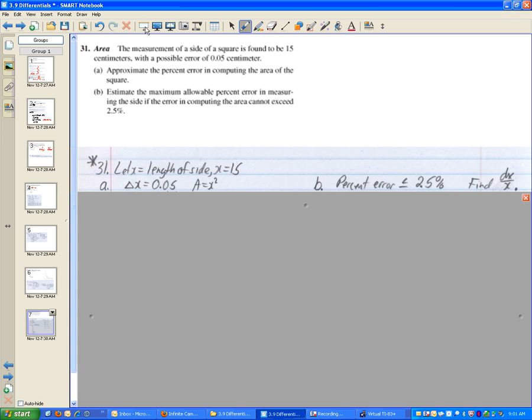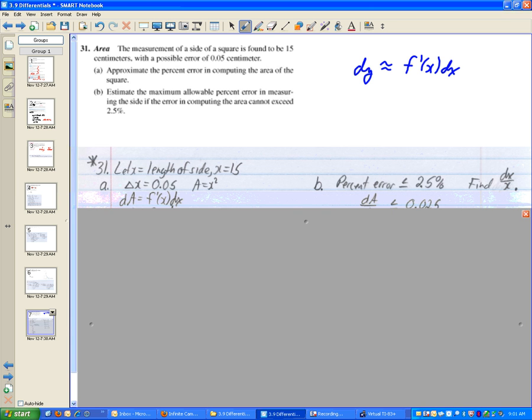Now, we know that dy is approximately f prime of x dx. But I'm going to use A instead for area. So dA, I should have written, is approximately f prime of x dx.